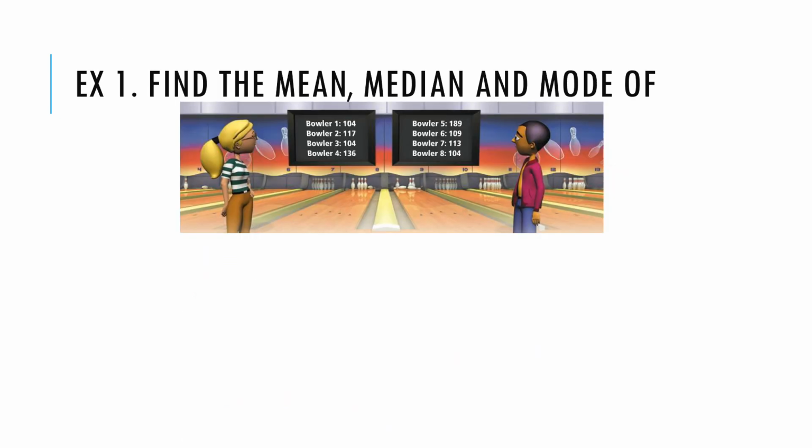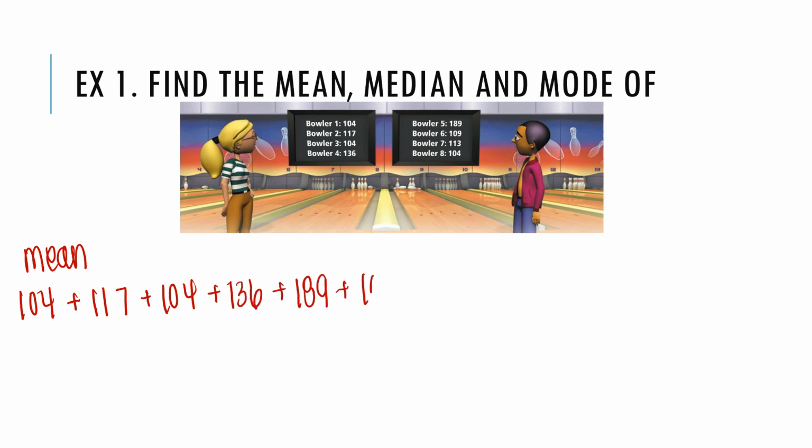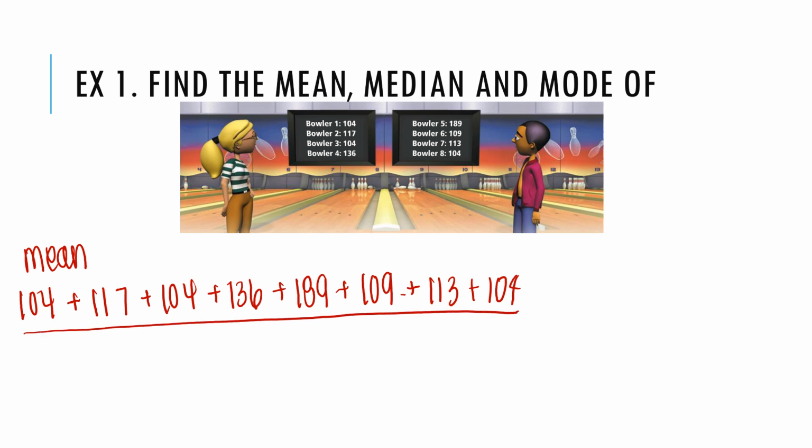Okay, so we're going to find the mean, median, and mode of the following data here. So we have 8 numbers there. To find the mean, we're going to go ahead and add those all up, and then divide that by the number that we have, which is 8 bowlers there.